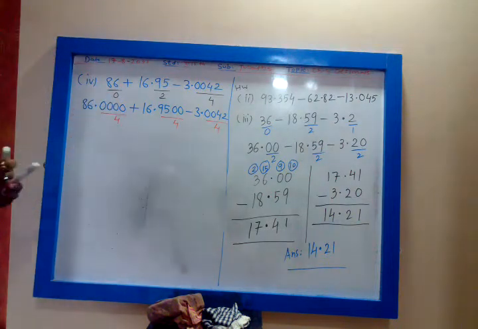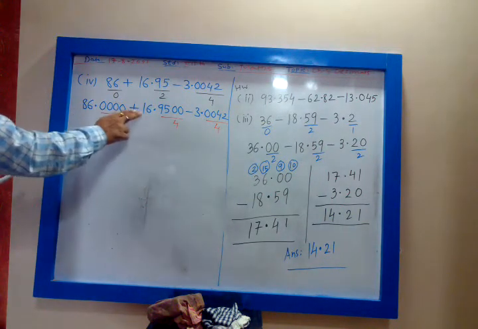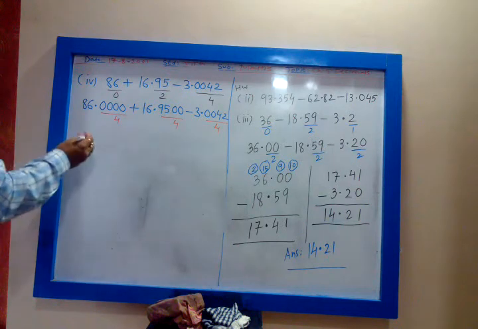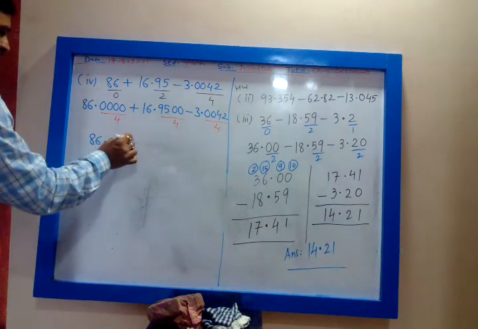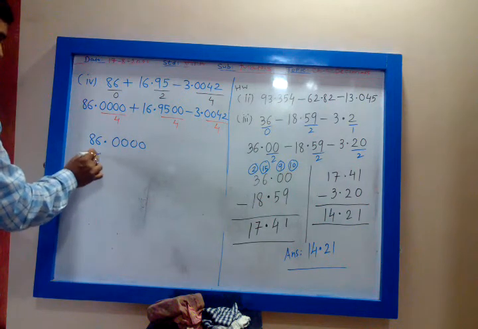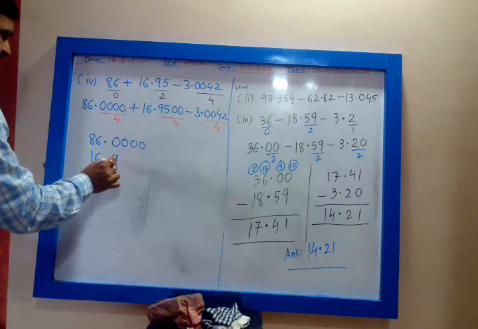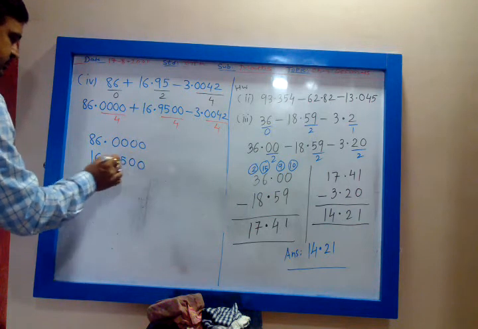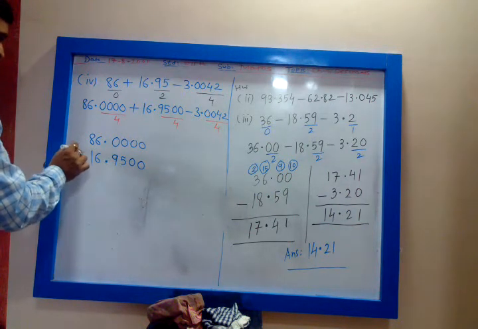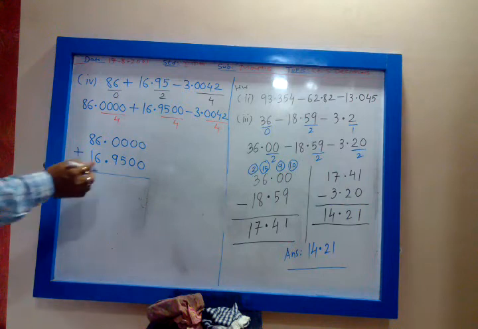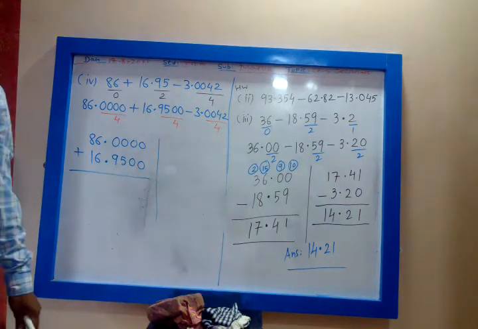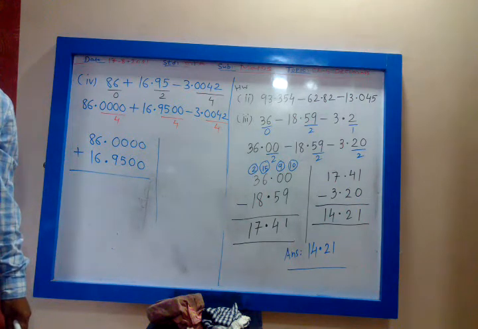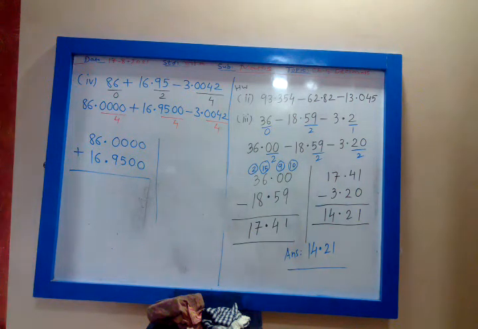So now simplify. First I will perform the addition of these two, 86.0000 and 16.9500. My dear, I have already told you that decimal addition and subtraction will help you in physics and chemistry numerical problems.